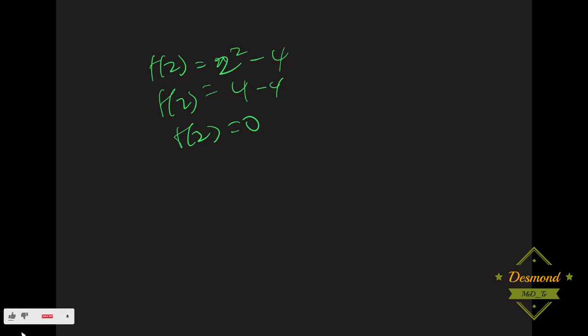So let's say we are going to find the limit. Let's take this example here. We are going to find the limit as x approaches 1 for the function 5x minus 2. Right?